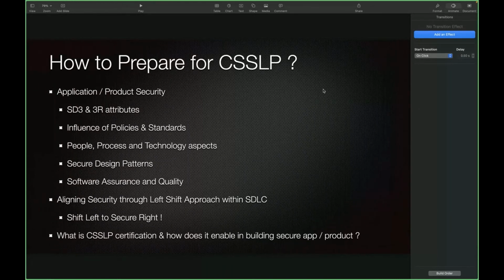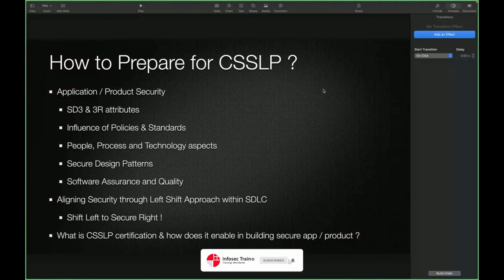Another pattern is separation of duties, so that we ensure an individual is authorized to carry out only a certain task and not any additional tasks. We segregate the tasks that need to be carried out, so that we clearly authorize individuals to carry out the task that is assigned to them. So that's where we separate the duties, right?